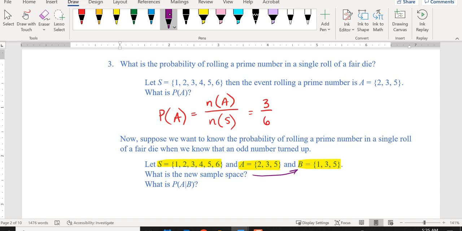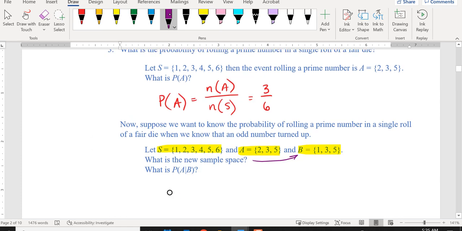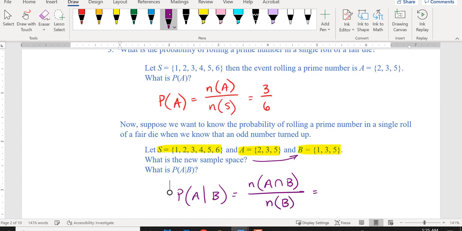All right, so we're wanting to know the probability of A given B. It's going to be the number of things in A intersect B over the number of things in B, because your new sample space is B. There's 3 things in there.